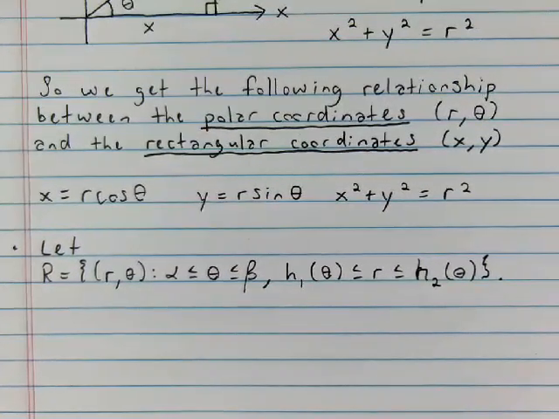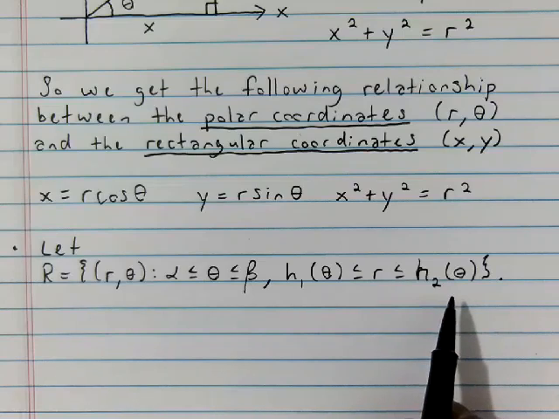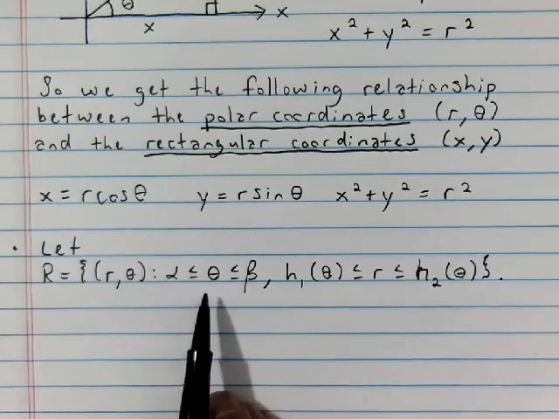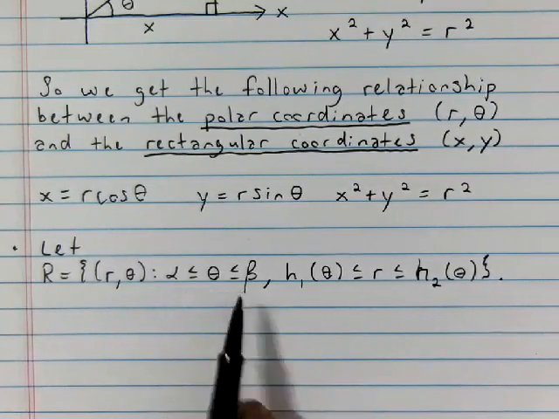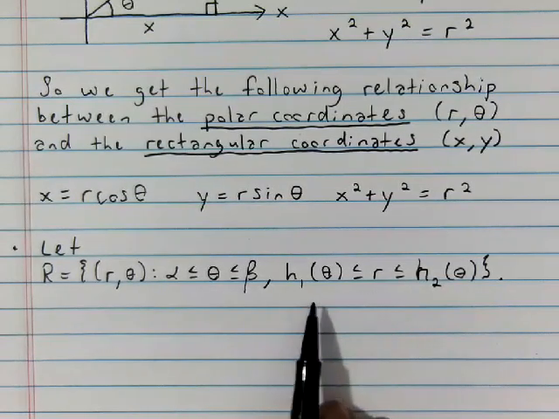This is how we write our regions in terms of polar coordinates. We have theta between some constants, and r between a function of theta and a function of theta.